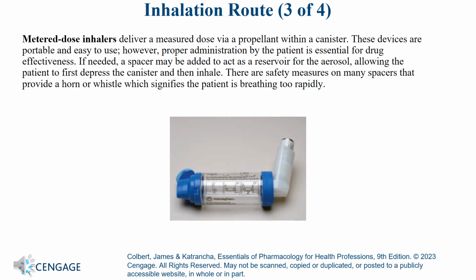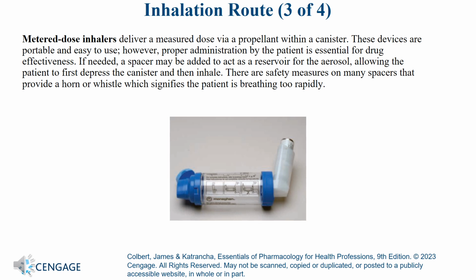Our metered dose inhalers deliver a measured dose via a propellant within a canister. These devices are portable and easy to use. However, proper administration by the patient is essential for drug effectiveness. If needed, a spacer may be added to act as a reservoir for the aerosol, allowing the patient to first depress the canister and then inhale.